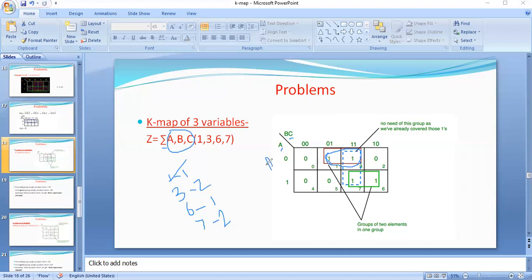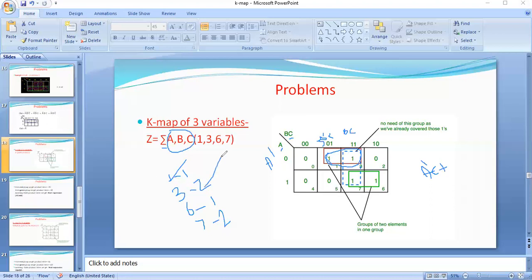See here, A bar is horizontal, and here B bar C and next B C. What is the common term here? A bar C. Next plus. So after this grouping, 1 and 3 are involved.